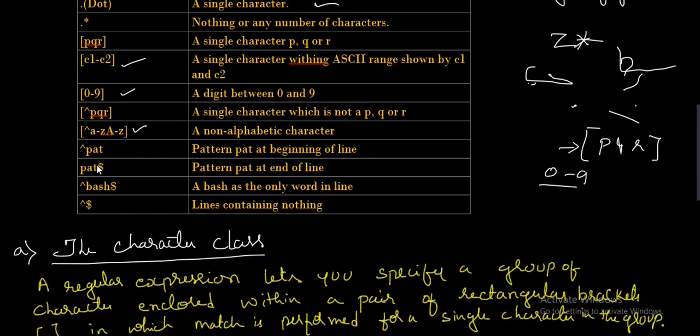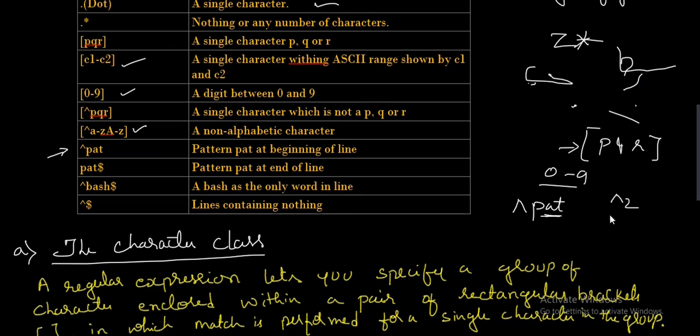We have two more special patterns that you can specify in a regular expression. One is the caret, which indicates that the pattern should be at the beginning of the line. For example, take 2.